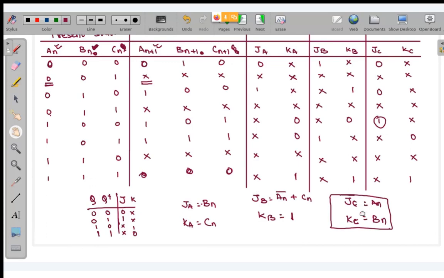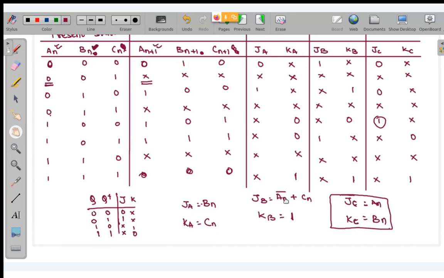This is correct. JC and KC I have calculated myself. What about JA, KA, JB, KB? Sir, KB is equal to 1, how? I don't know, I haven't solved. Is it correct to group 3 don't cares with the 1?